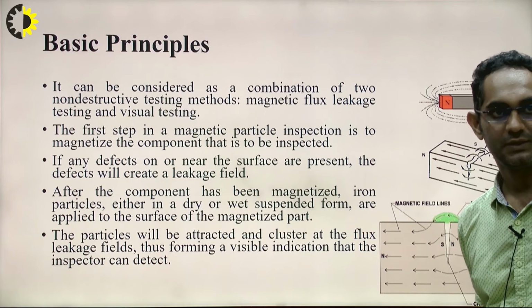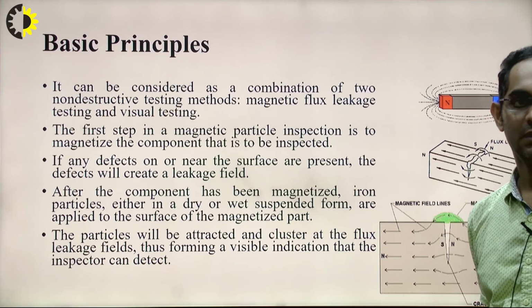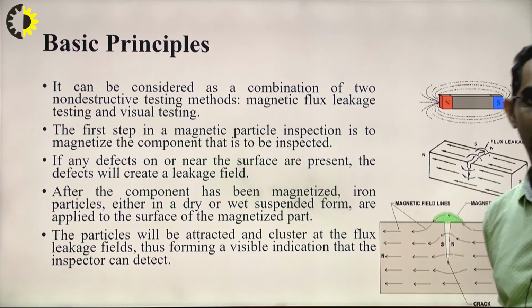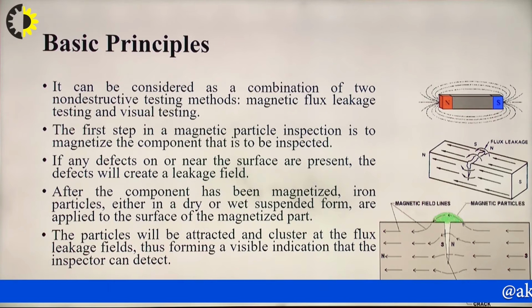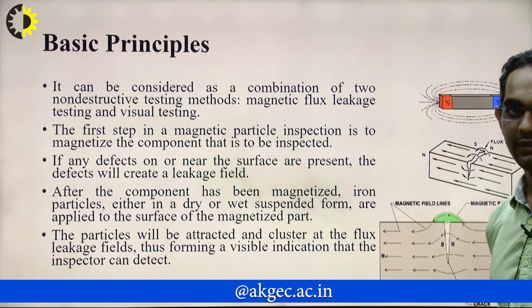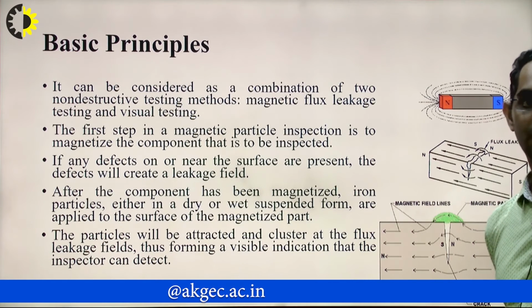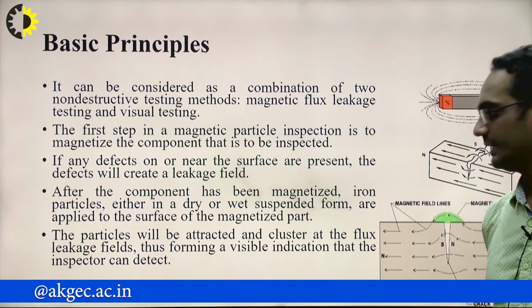After the component has been magnetized, iron particles, either in a dry or wet suspended form, are applied to the surface of the magnetized part.